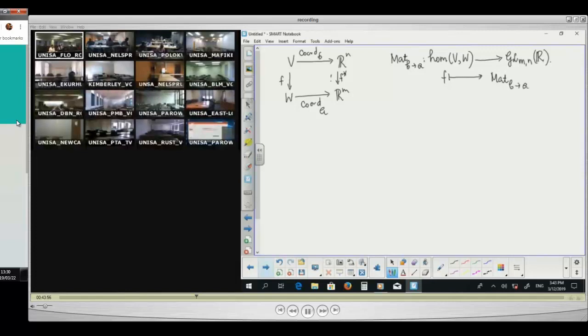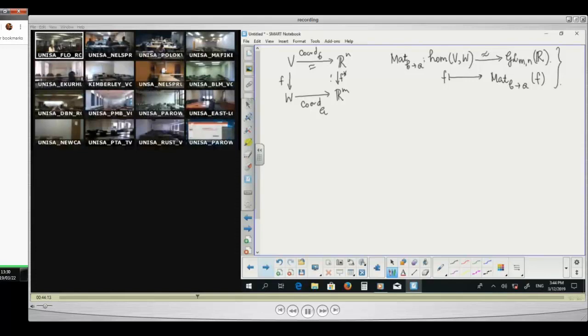So this is also a bijection, and this is also a bijection. So these are two relabelings that are going to help us throughout the next part of our course.